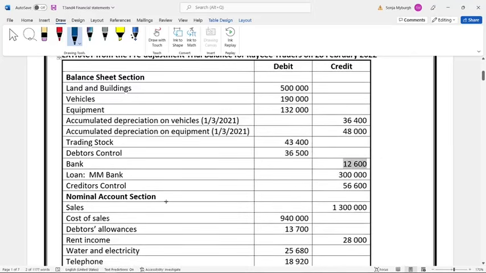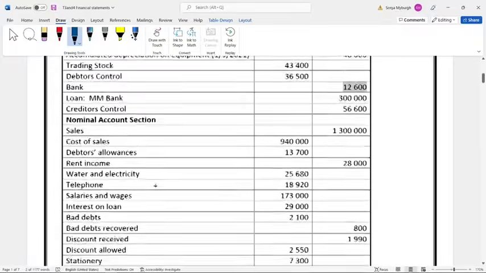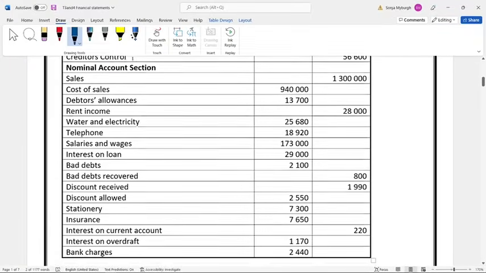We've got a loan, creditors, sales, cost of sales, and here you see we are working with the nominal account section of the trial balance in order to complete the statement of comprehensive income. We start with sales, cost of sales, debtors allowance. Then for the income, you look at the credit side of your trial balance.